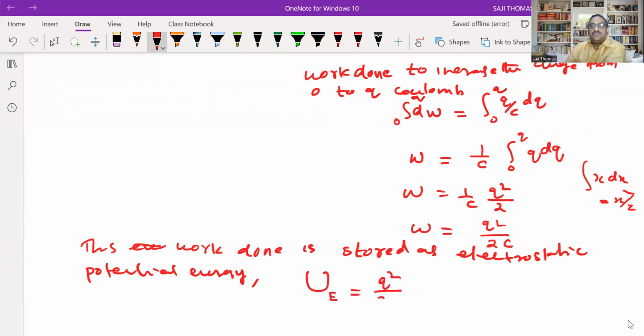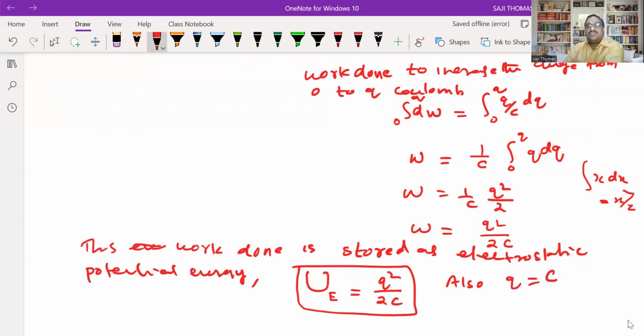Q square by 2C. Also, you can write Q as CV. So this equation again can be written as energy is C square V square by 2C. So half CV square.